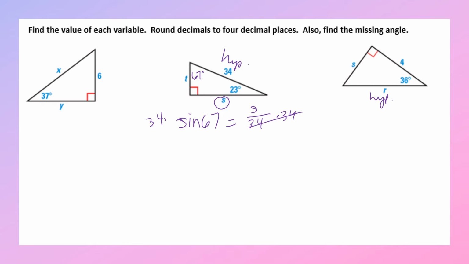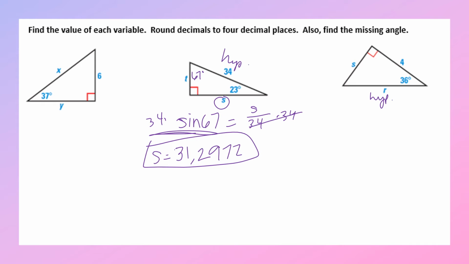When I do that, if I put 34 times the sine of 67 in my calculator, I get S equals 31.2972, if you round it correctly.